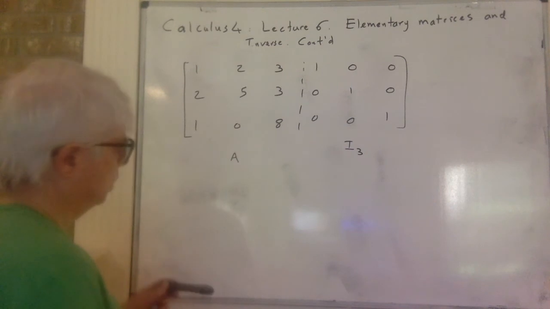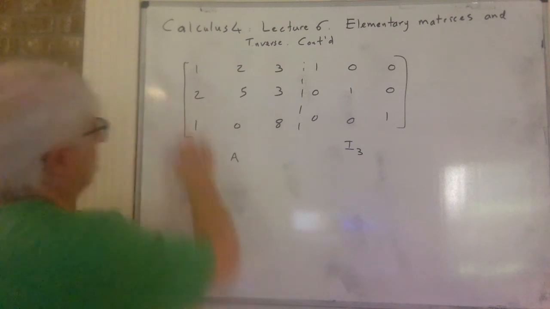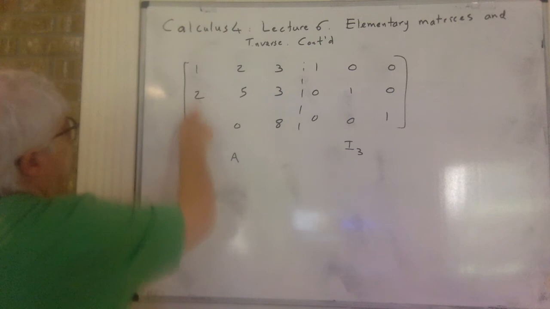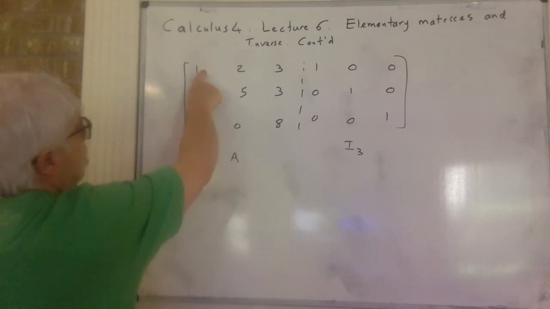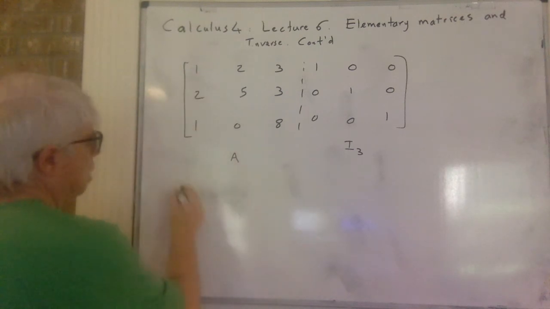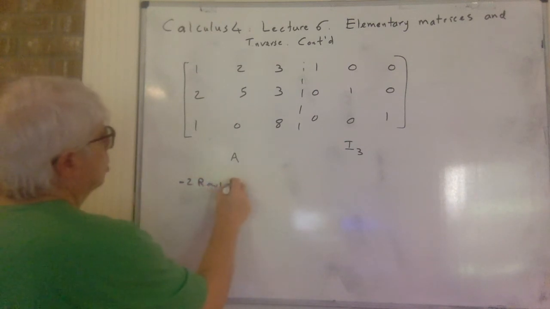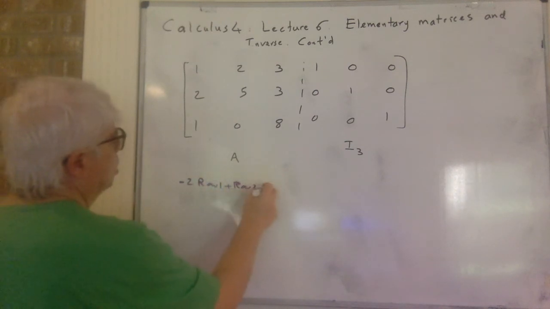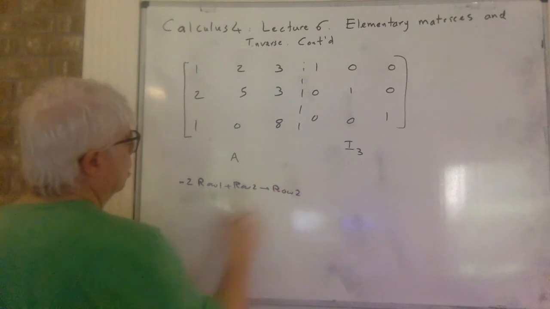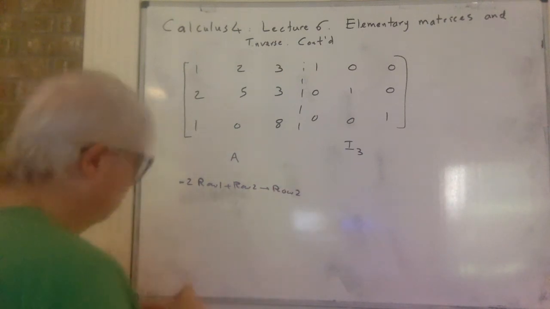Okay, so what is the first row operation? I should get rid of this and this. Multiply this by -2 and add to this. So it is -2 times row 1 plus row 2 goes to row 2. Okay, so let's do it.